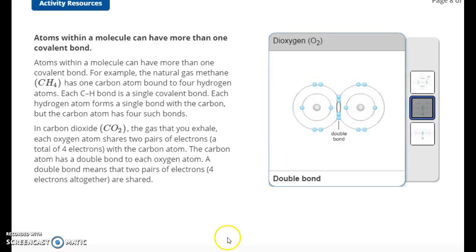So let me go ahead and draw you a picture of CO2. So we're going to start, we have 1 carbon and how many oxygens? 2. And then we want to do our Lewis dot diagrams. And so for our Lewis dot diagrams, carbon is in group 4. So how many valence electrons will carbon have? 4.